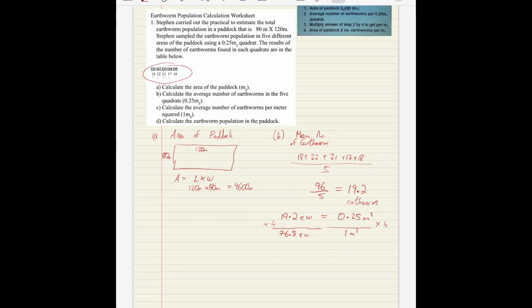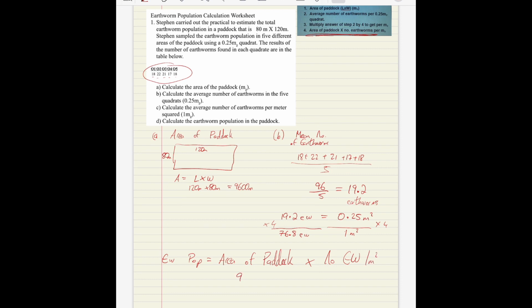And then the last part, part D, calculate the earthworm population of the paddock. How do we do that? I'll just go EW pop, the earthworm population. Up here is our formula. So we have area of paddock multiplied by the number of earthworms, EW, per meter squared.